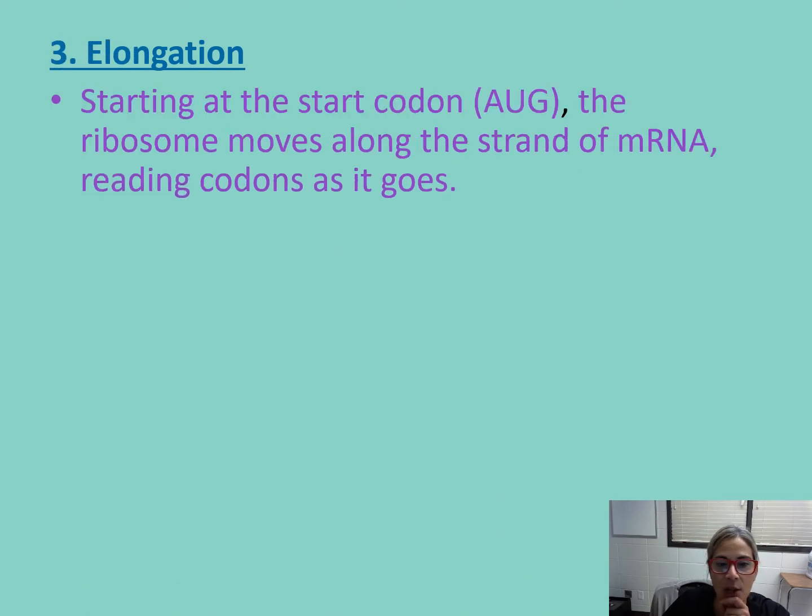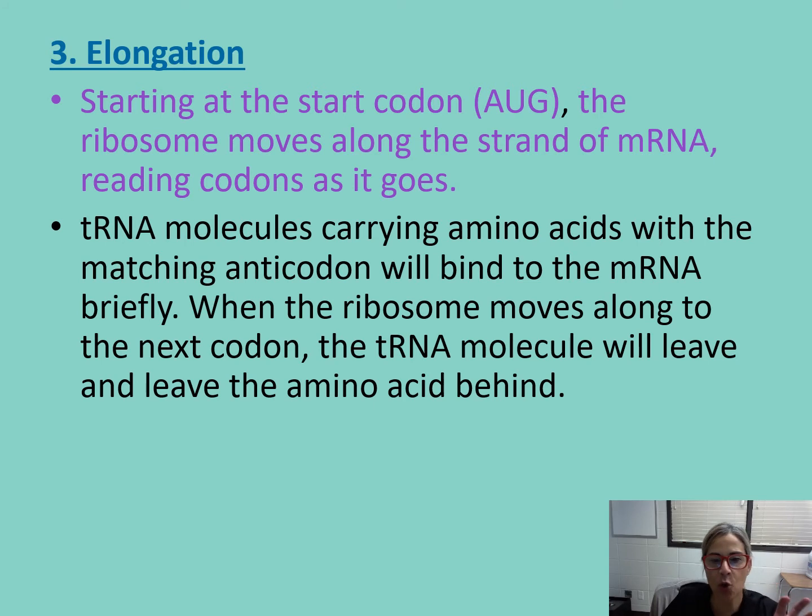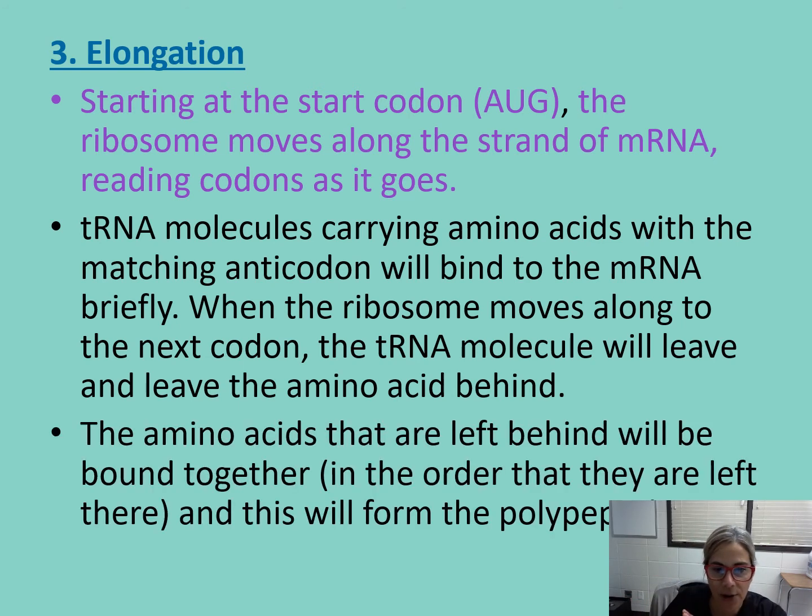The next part is elongation, and that just means that the ribosome, after initiation, continues to add on amino acids, add on amino acids, add on amino acids, until the entire mRNA strand is read and the whole polypeptide chain is formed. So that's kind of common sense to me. Initiation, ribosome engages.